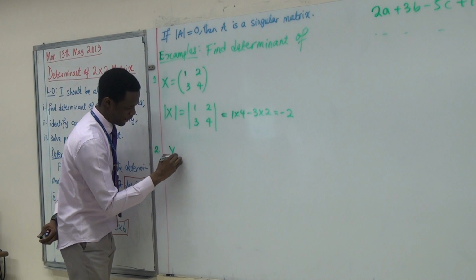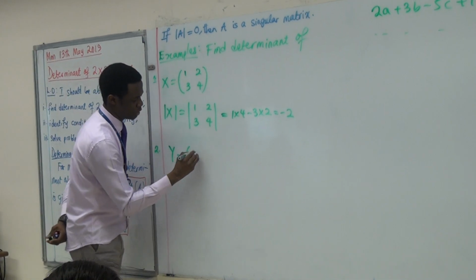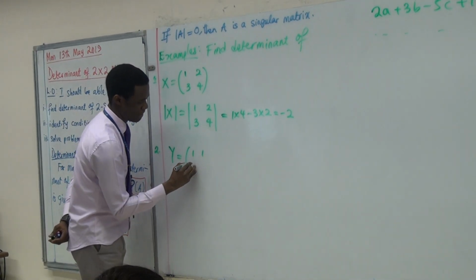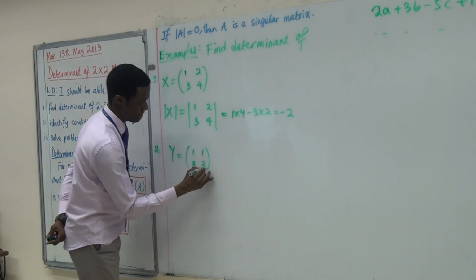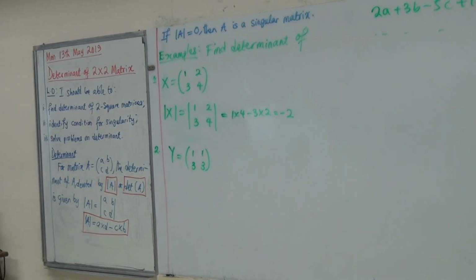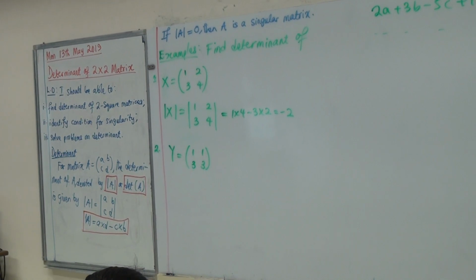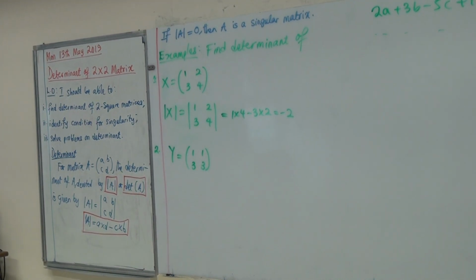So okay, let's see why. Can you do this for me? 1 1 3 3. What's the determinant of that?